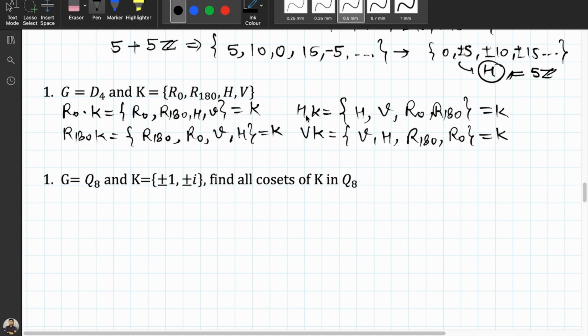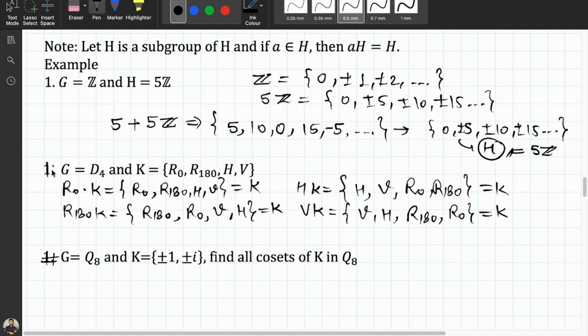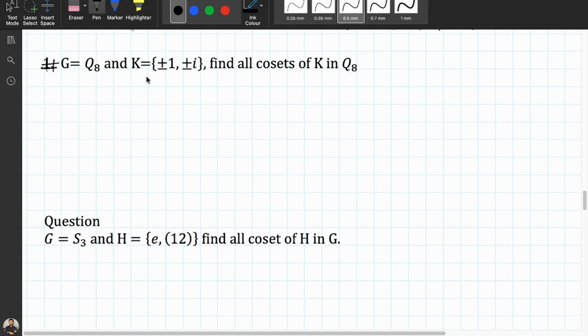Okay. Now next, come to the quaternion group. We'll find all the cosets of the quaternion group here. Now see. Next, find all cosets of the quaternion group where K is a subgroup. What is the quaternion group?